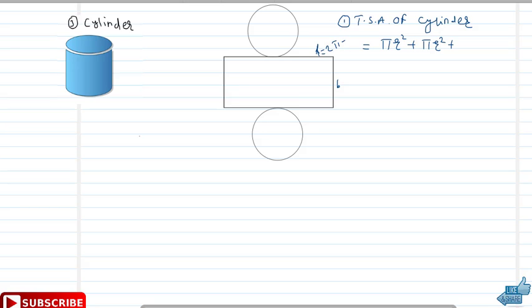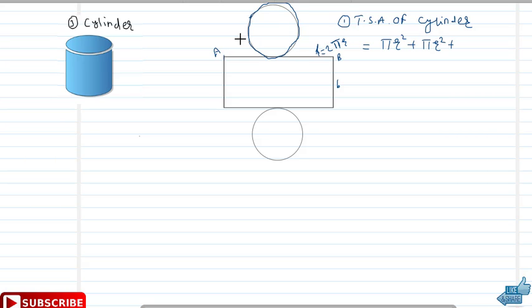Why consider this length as 2 pi r? Because this length, I give the name AB, completely covers the circumference of this circle. And we know that the circumference of the circle is 2 pi r, correct? So the circumference of this circle is nothing but 2 pi r.